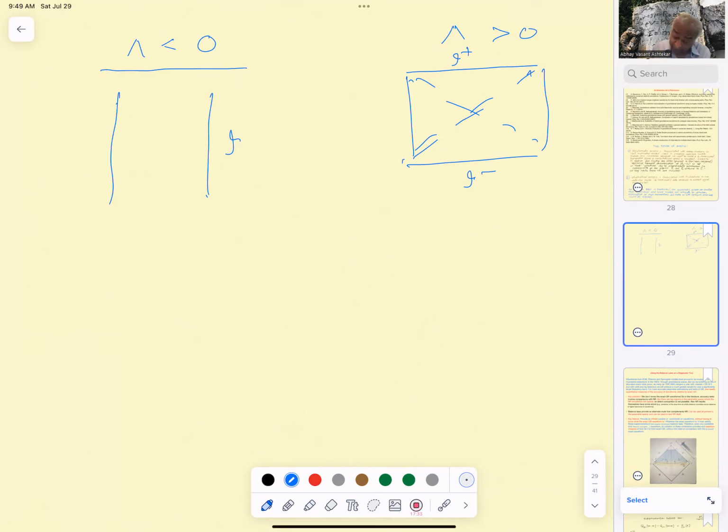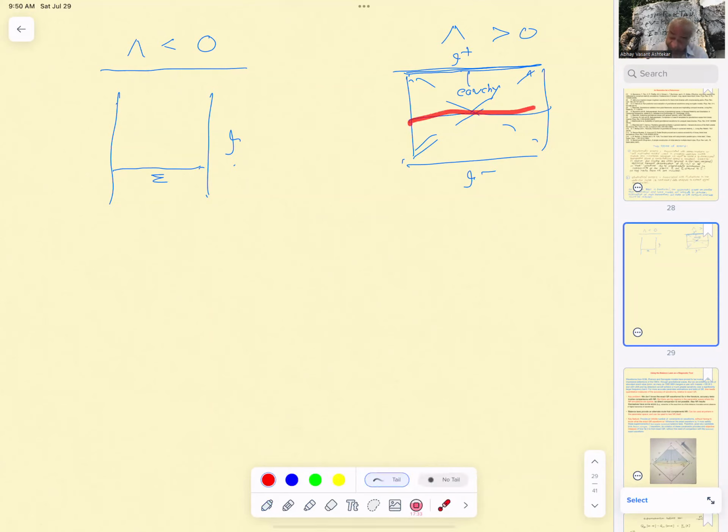Now, it turns out that when it is space-like, I cannot put any boundary conditions here because the Cauchy data here is really completely arbitrary. If I restrict my Cauchy data, then I'm changing the system. But when Scri is time-like, as in the lambda equal to 0 case, if you give me a Cauchy surface sigma, I can evolve all the way to Scri plus and evolve back all the way to Scri minus.